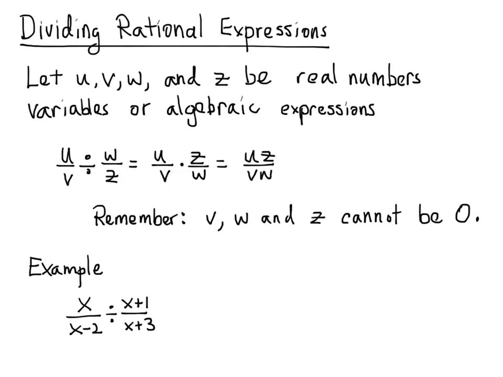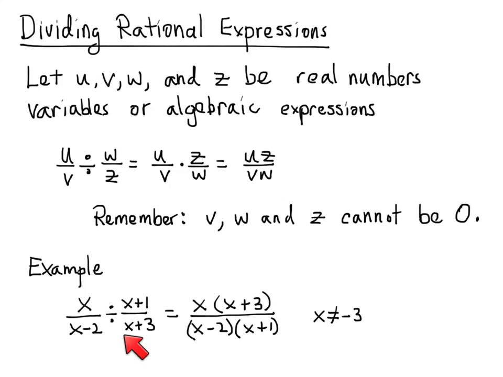If I have x over (x minus 2) divided by (x plus 1) over (x plus 3), I just rewrite that as multiplication. So I take the reciprocal of this (x plus 1) over (x plus 3), and you see the x plus 3 is in the numerator now, x plus 1 is in the denominator.